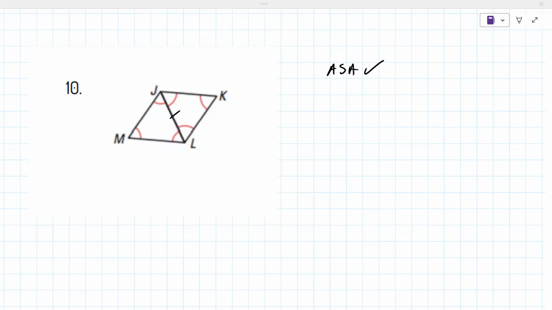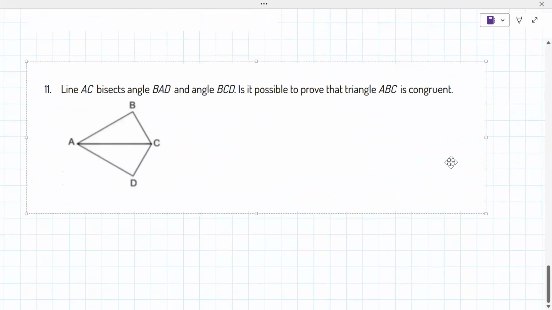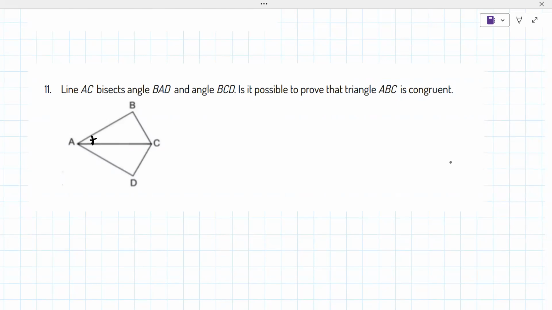All right. Let's look at number 11 now. See if we can make some progress here. So it says line AC, it's actually a line segment, bisects angle BAD. So that means that this angle is congruent to this angle down here.